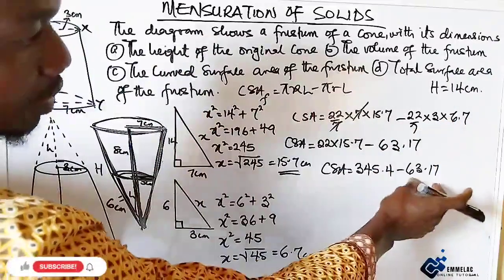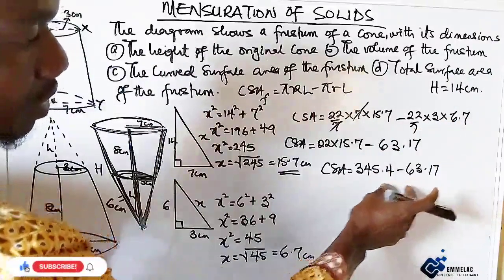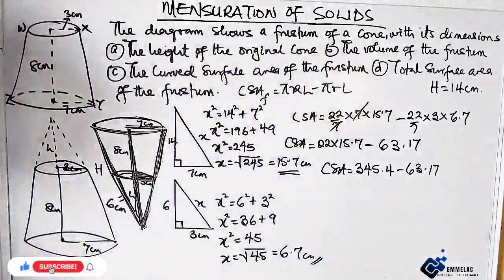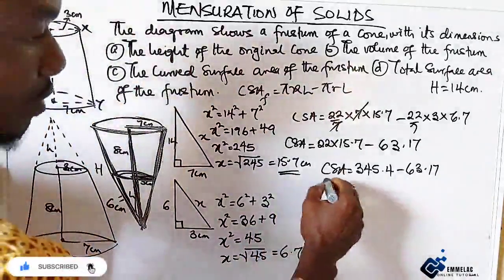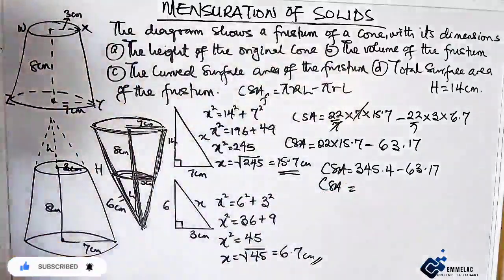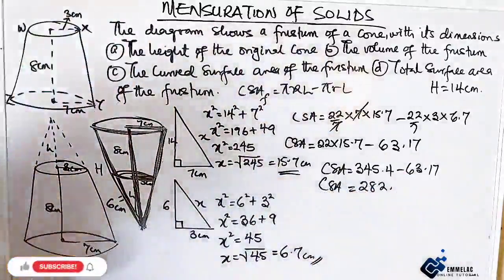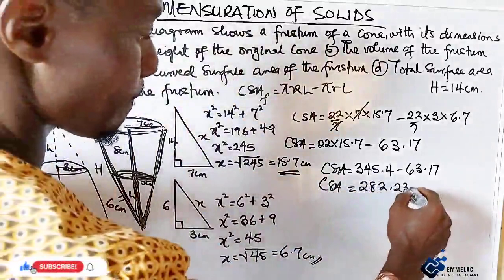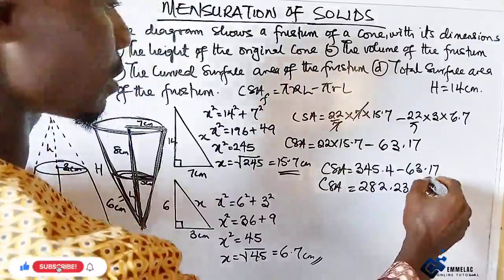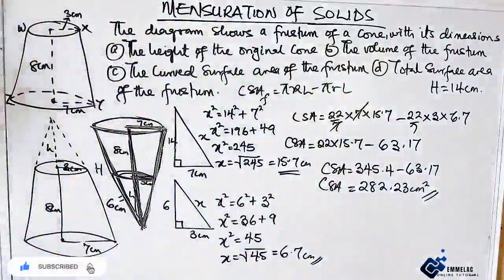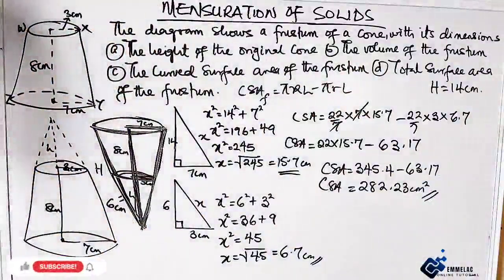And when we subtract 63.17 from 345.4, we have that the surface area of the frustum is now 282.23 centimeter square. Okay, all right, the next one is the total surface area of the cone.